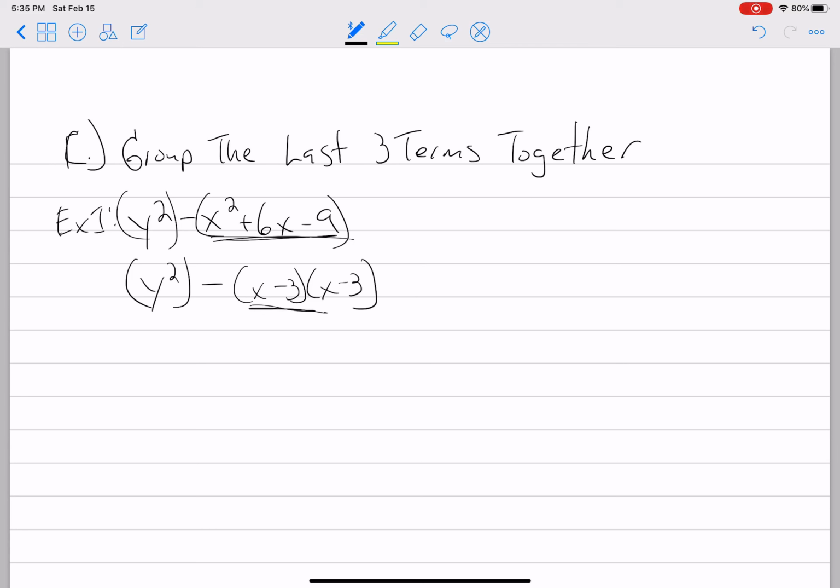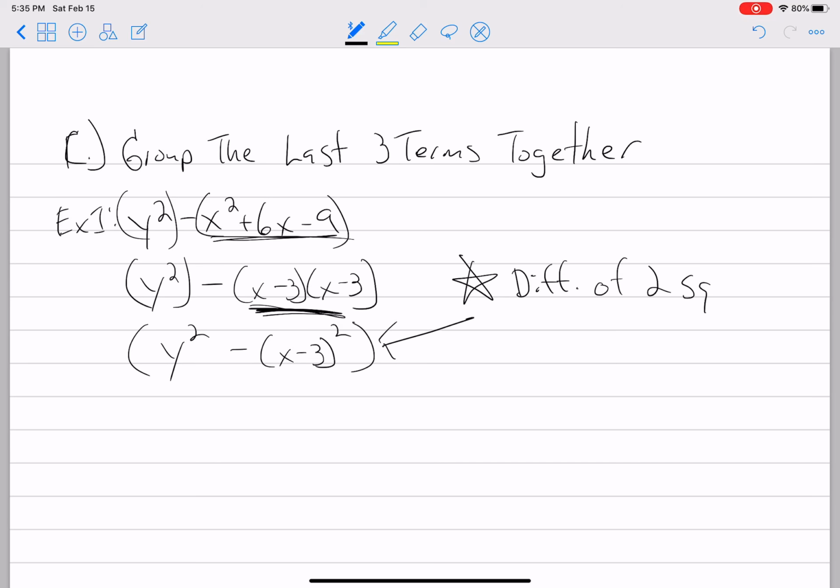And again, I should be looking at this saying, oh, I can rewrite that in a different way, which gives me x minus 3 squared. And this is still y squared. And now I should be looking at this and thinking, star, star, star. This is a difference of two squares. That is something I should be thinking about.